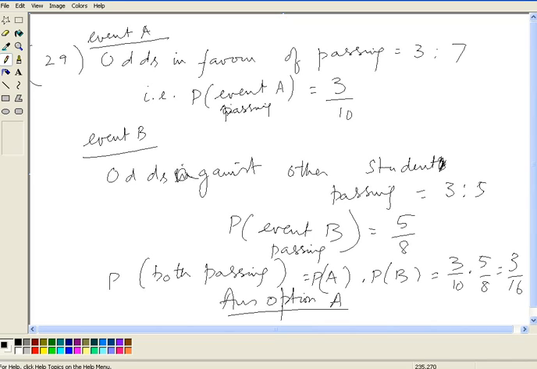So the probability of this other student passing would be the other way, that is, because it is against, now we have to see in favor, it will be 5:3, so it will be 5 by 5 plus 3, so it is 5 by 8. Now the probability of both passing is given by, since they are independent events, probability of A into probability of B, which is 3 by 10 into 5 by 8, which works out to be 3 by 16. So the answer is option A.